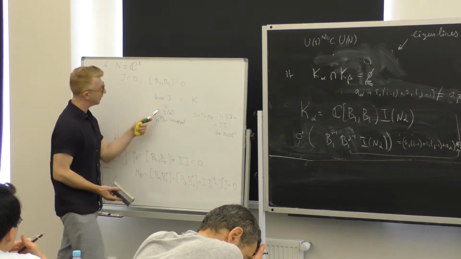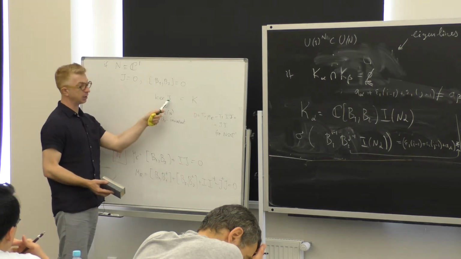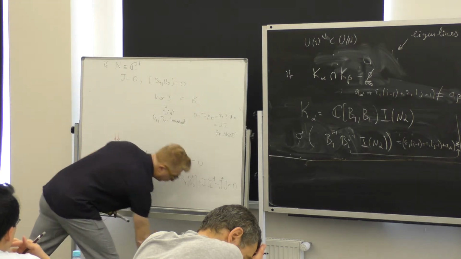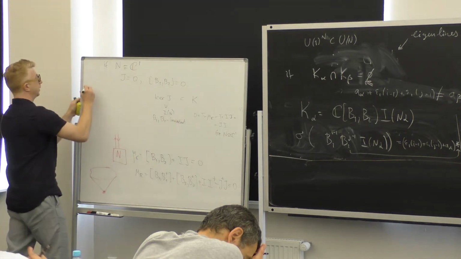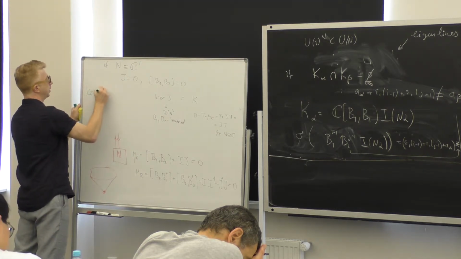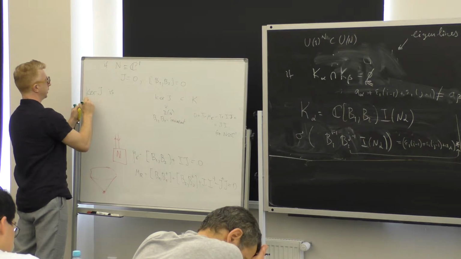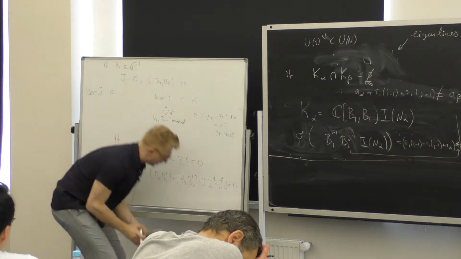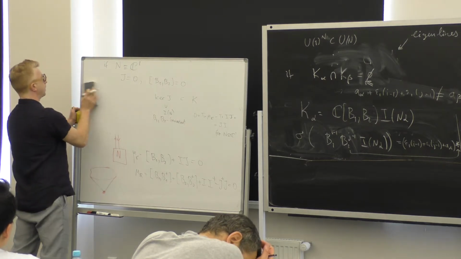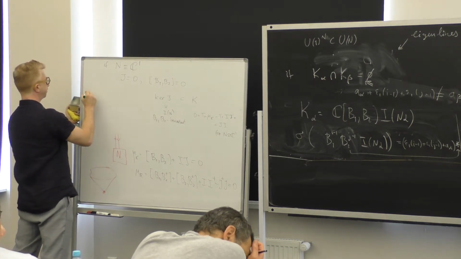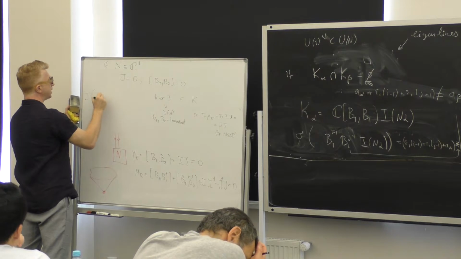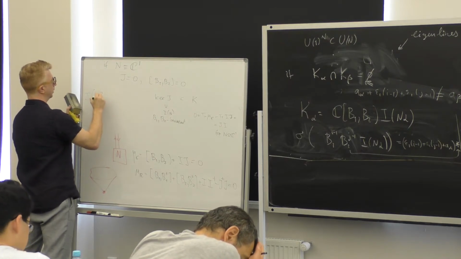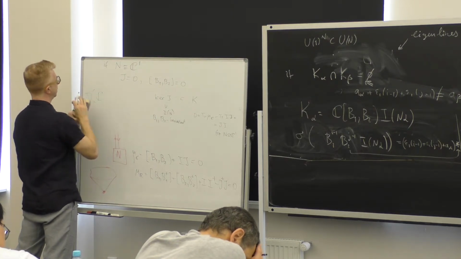So far I proved that the image of I is in the kernel of j, and now I want to prove that the kernel of j is everything. So I want to prove that j acting on any polynomial of b1 and b2 is equal to 0.